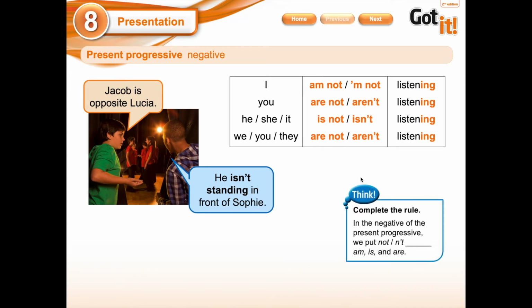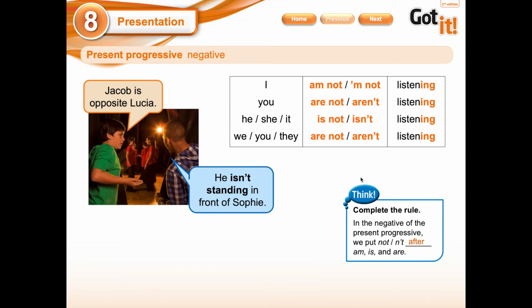So, pay attention to the rule that we have here that says complete the rule. In the negative of the present progressive, we put not or an apostrophe T after am, is, and are. This is very important because you cannot say in a sentence, you not are listening.